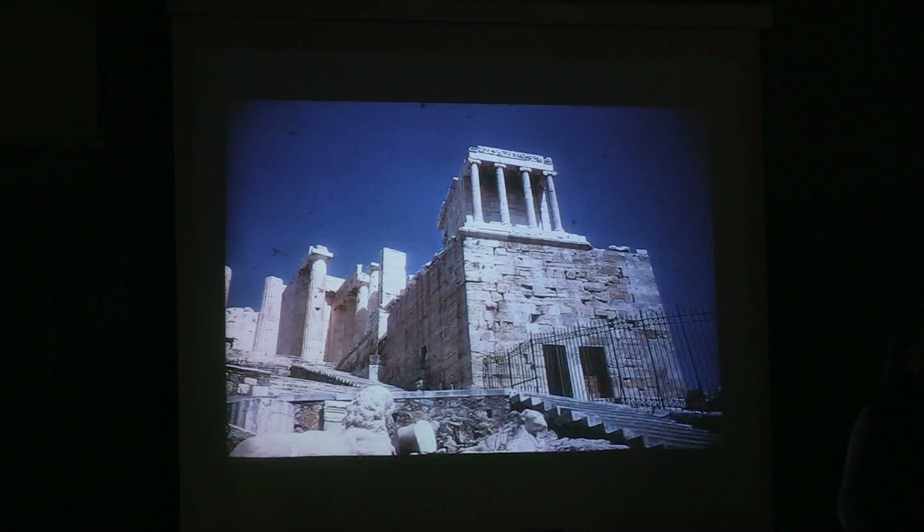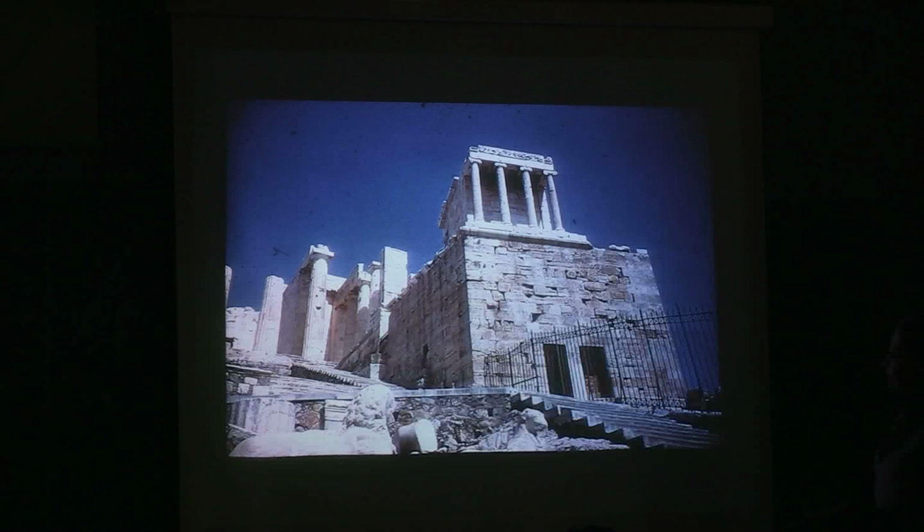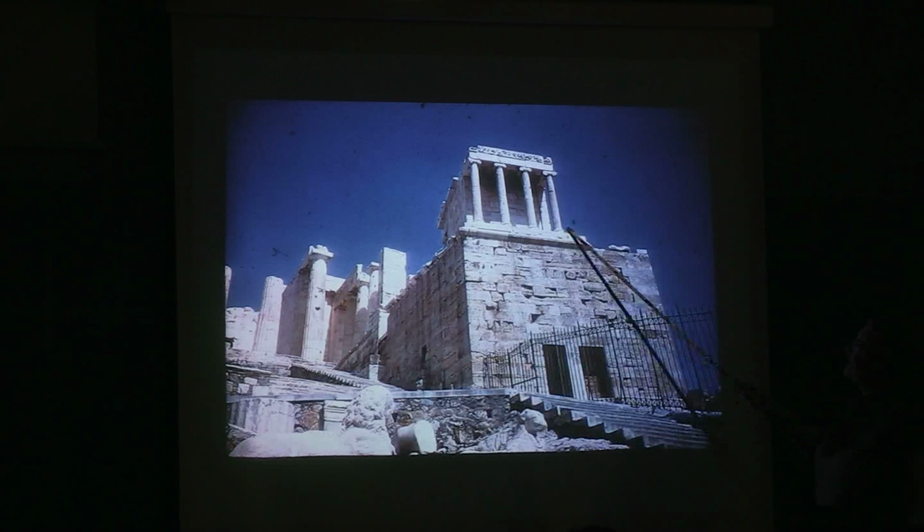So that tetrastyle porch that we saw in the Erechtheion is repeated in the tetrastyle design of the small temple of Athena Nike, visible from the outside of the Acropolis, and which you also see as you are approaching the Propylaea. And this is also Ionian.